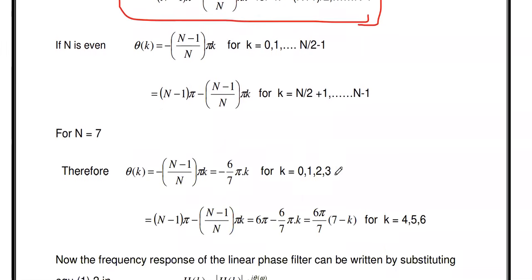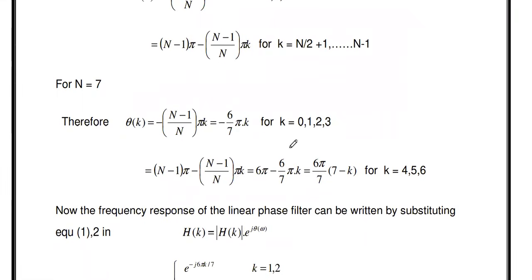So for k from 0 to 3, theta of k equals minus 6 by 7 pi k. Similarly, for the remaining values of k, that is 4, 5, 6, the formula is (N minus 1) pi minus (N minus 1) by N pi k. So the answer is 6 pi by 7 into (7 minus k). Okay, so we determined this theta of k formula also.